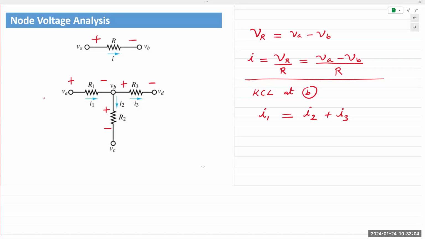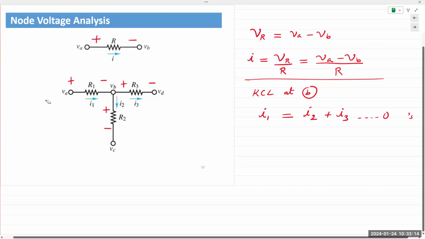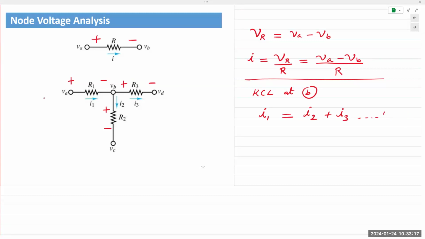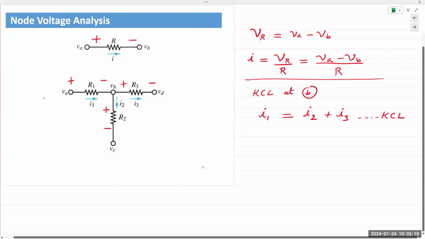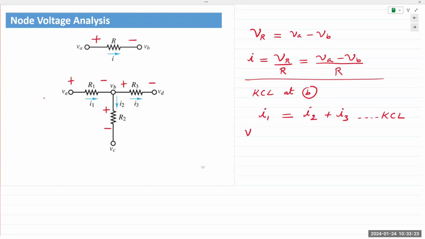You apply KCL to generate this equation. And then I apply Ohm's law, and I will express each current in terms of the resistor voltage and the resistor value.